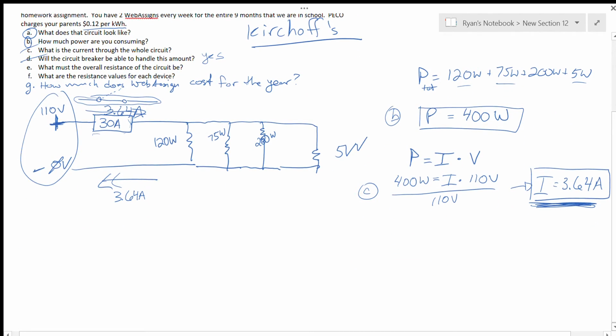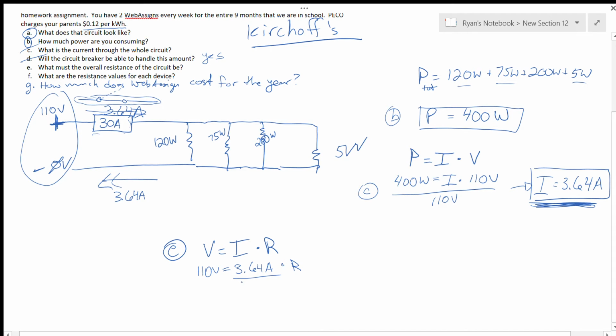All right. So for now, what must the overall resistance be? So I know, and you're going to use this equation so many times, I always keep it in the back of my head: V equals I times R. It's a law. So the voltage for the whole circuit is equal to the current for the whole circuit times the resistance.